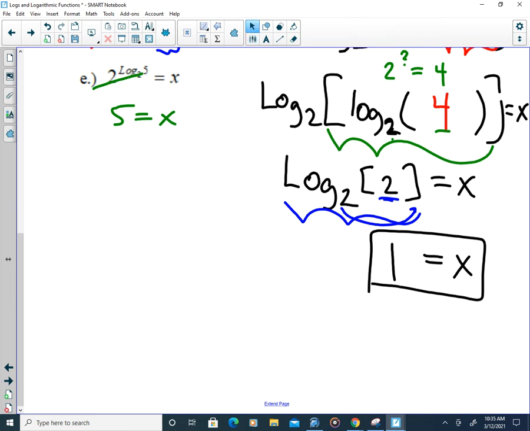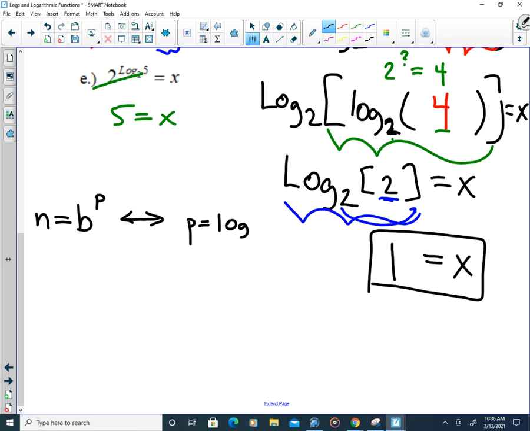So, yesterday, I gave you 2 equivalent equations. N is equal to b to the p power. I said that was equivalent to this statement: p is equal to log base b of n.